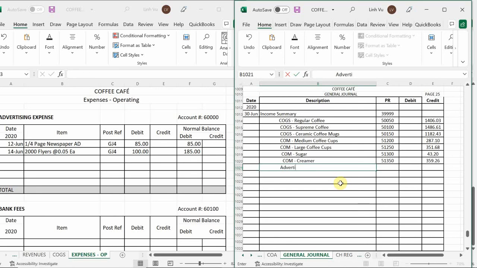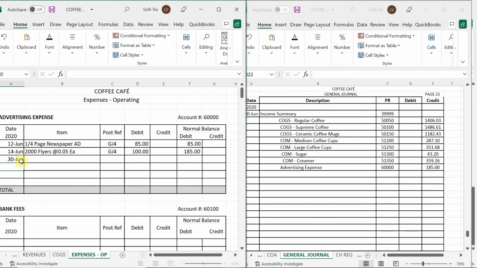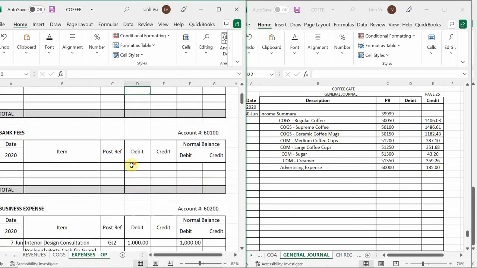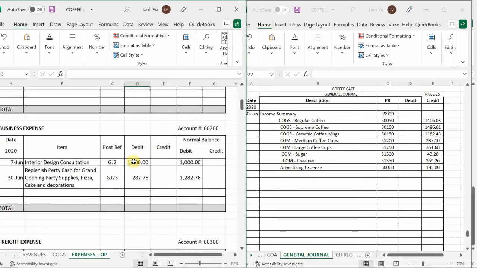So advertising expense, okay, account number 6,000 for a total of $185 credit, and that's what I have to remove. Which will give you your account balance to be 0. Okay, for $185. Okay, next we have is my bank fees, nothing there.